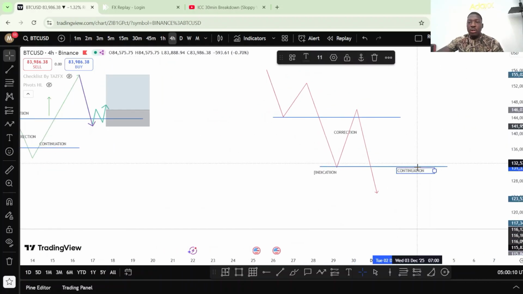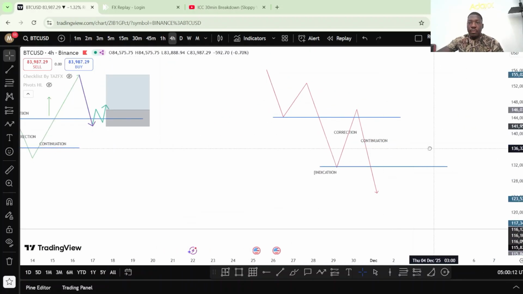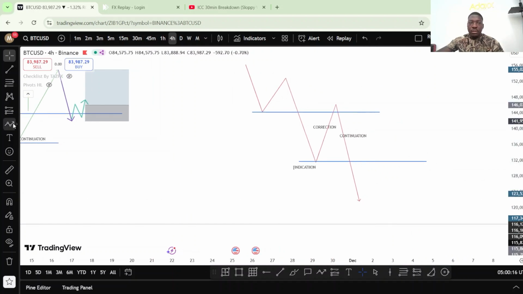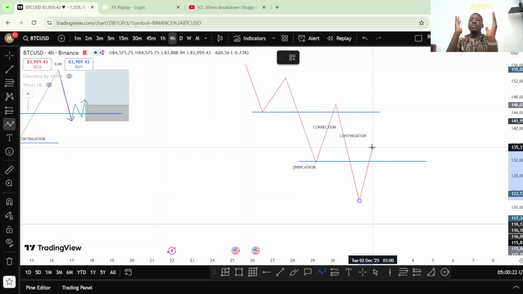So what are you looking for on this one as well? Like I said, dial down to the 1 hour and look for the bullish correction. We correct and close within the indication, wick and body, not just the line.